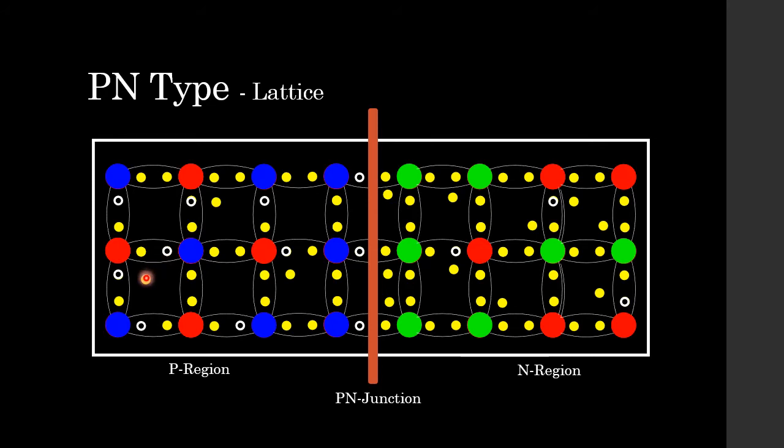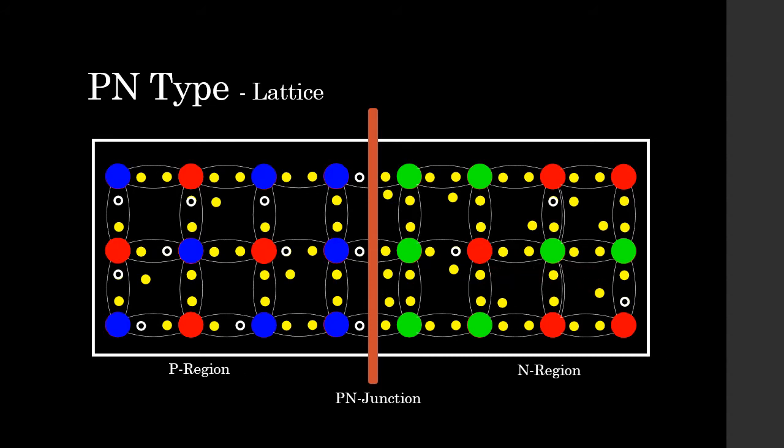And of course, there are some free electrons, although they are very few compared to the holes, which makes the free electrons the minority charge carrier in the P region. Across our PN junction, over into the N region, we have our pentavalent or donor ions who donate free electrons. That makes the free electrons the majority charge carriers in the N region. And of course, there are some holes present, and because they are very few compared to the free electrons, they are the minority charge carriers.